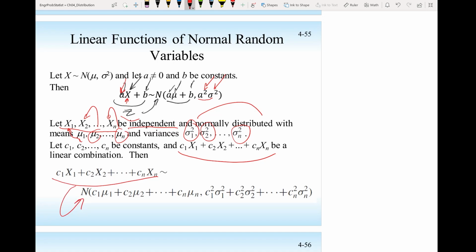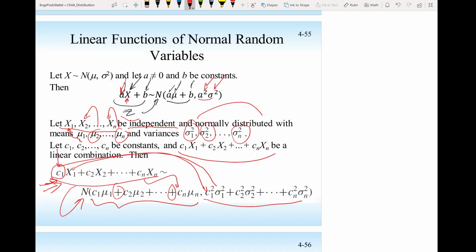And the mean of the sum will be C1 times the mean of x1, plus C2 times the mean of x2, plus Cn times the mean of xn. And the variance of the sum of all these random variables will be C1 squared times the variance of x1 plus C2 squared times the variance of x2, and so forth until the Cn.